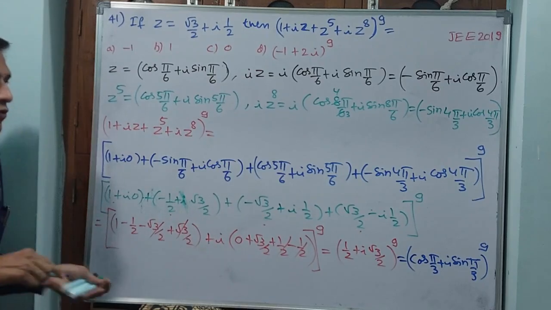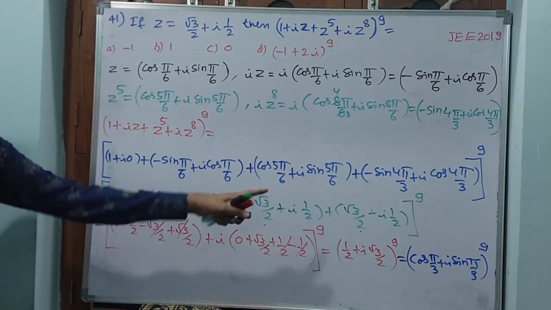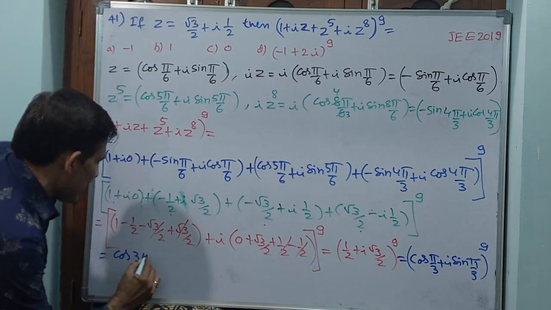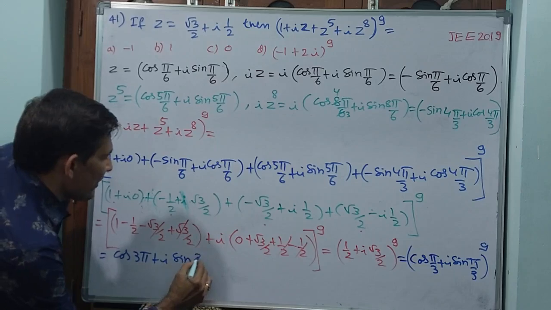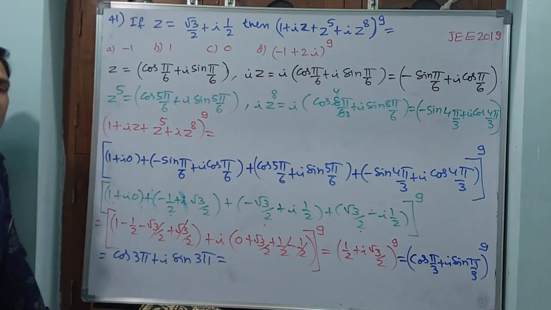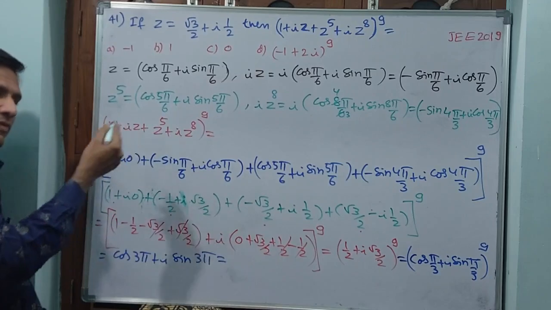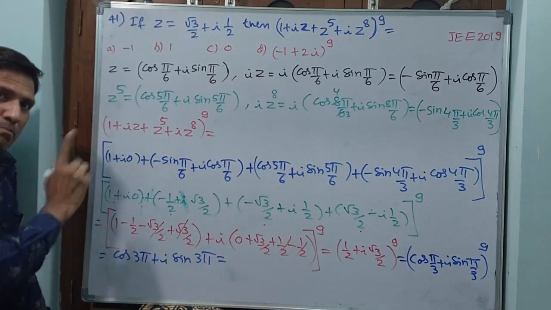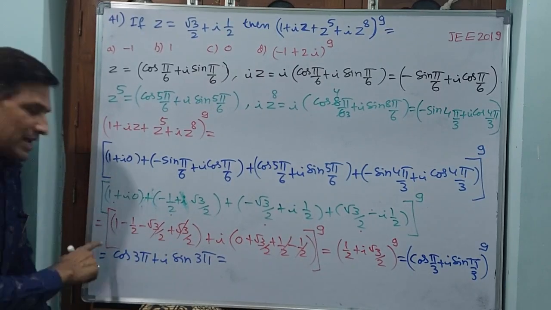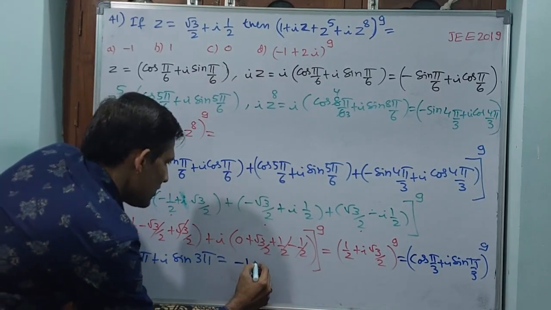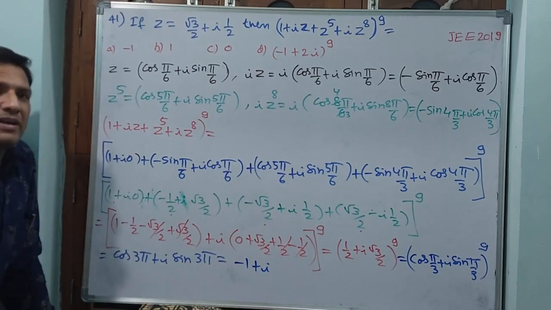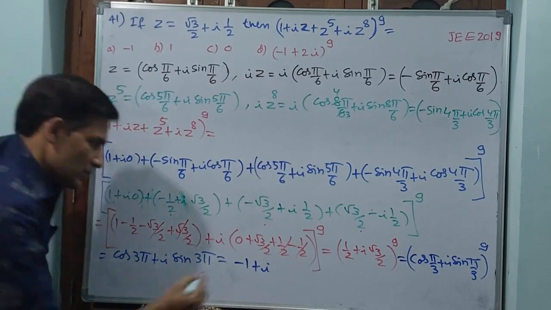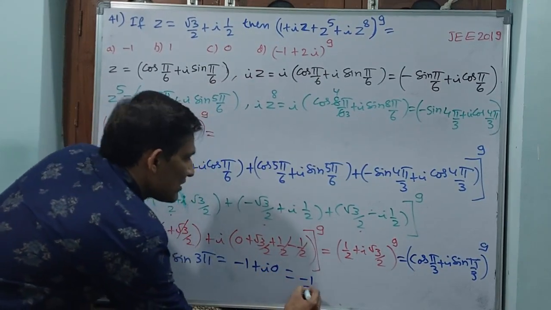Now 9 goes inside, 3 multiplied 3 times, cos 3 pi plus i sin 3 pi. Cos 3 pi, odd multiple of pi, is minus 1, and sin 3 pi is 0. That is equal to minus 1.